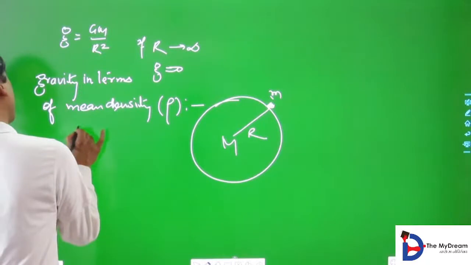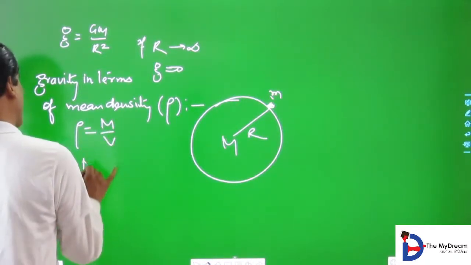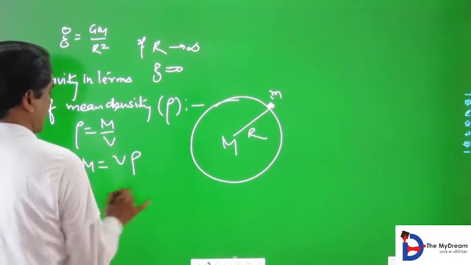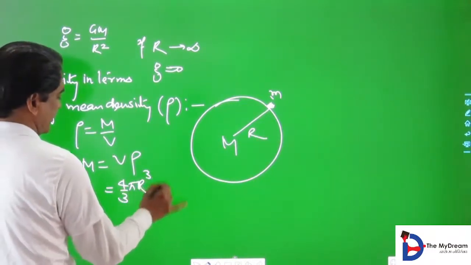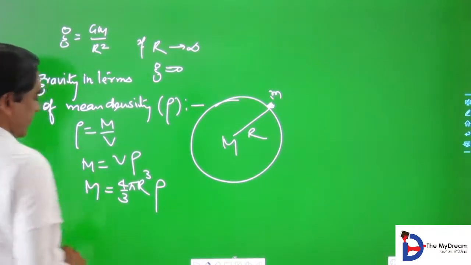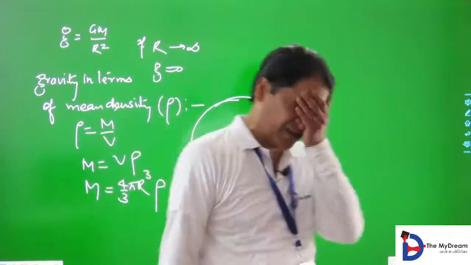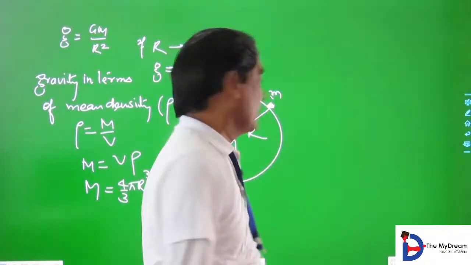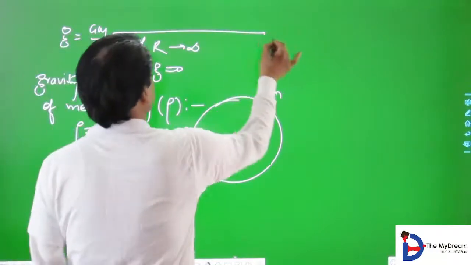So density is equals to mass upon volume. So mass is equals to V rho, and it is supposed to be concentrated as a sphere. So that is the mass, volume of the sphere is given by 4 by 3 pi r cube. Here you can put the value.